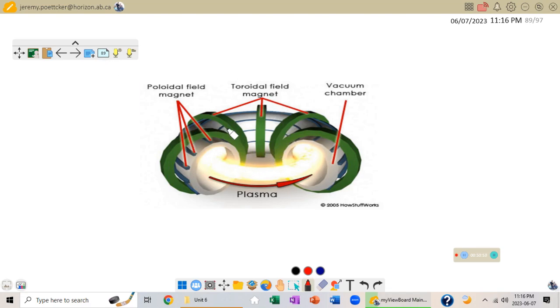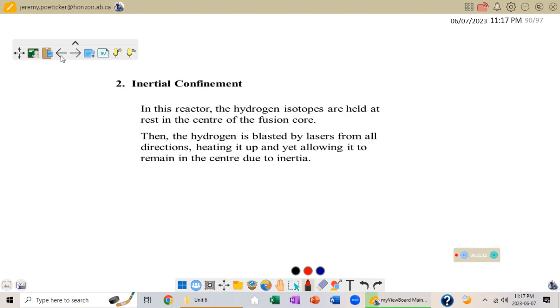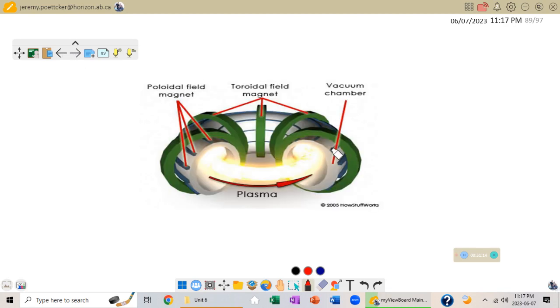And we get this nice sphere of rotating plasma, which keeps everything nice and hot. We surround it with a vacuum chamber to help keep the heat from conducting away. Up to this point, the problem is we are putting more energy in, in terms of making these magnets work, than we get out. And then we can't maintain the temperature long enough to make it self-sustaining.